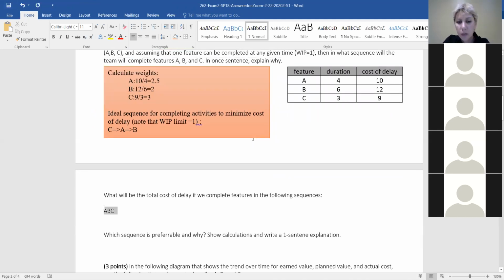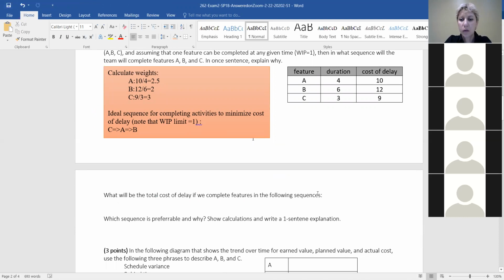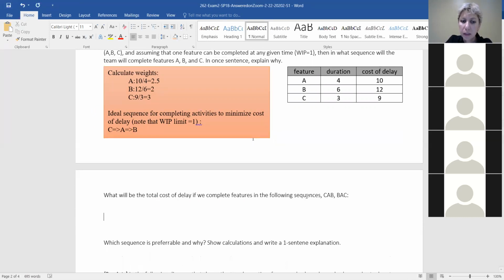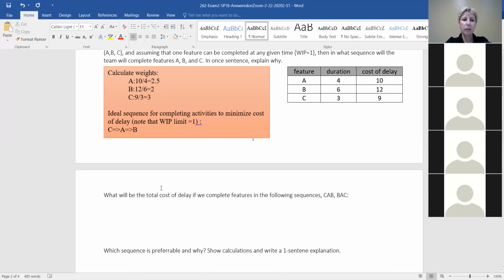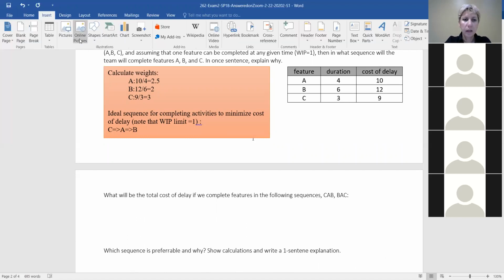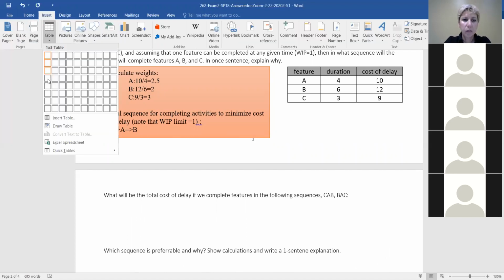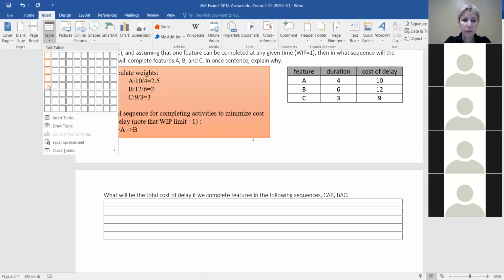some other things. So what will be the total cost following sequences? CAB, and we're gonna do BCA, BAC. So we're gonna compare these, cost of delay, and we are going to have a table. I think the table should have 4 or 5 rows.